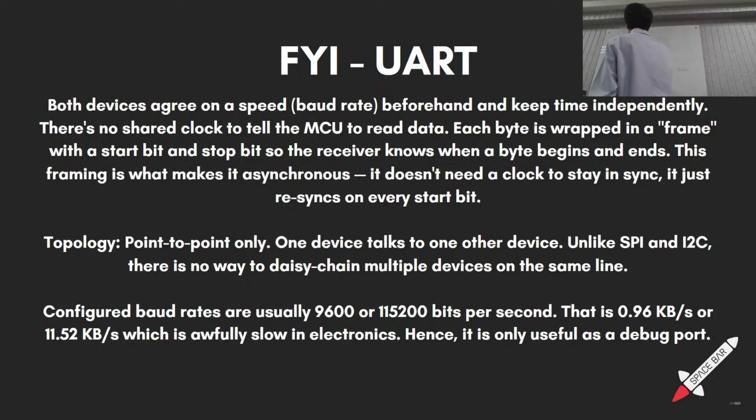With I2C, you can also connect multiple devices in parallel. You can connect from this to this, this to this, and it's the same pins. So you can connect up to 128 devices in parallel using the same I2C bus.